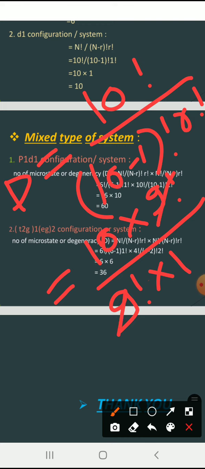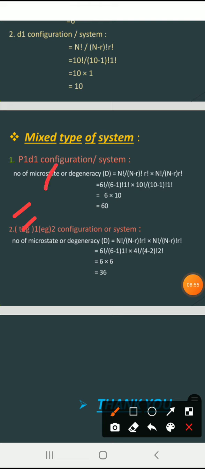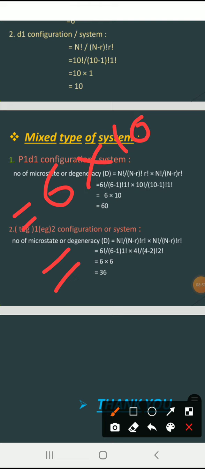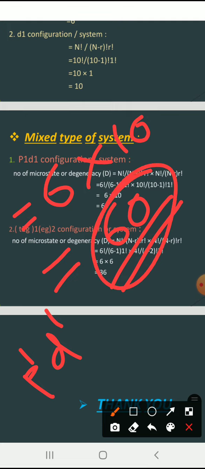The 9 factorial gets cancelled, and for the d1 configuration the number of microstates is 10. For the p1 system the number of microstates is 6, and for the d1 system the number of microstates is 10. Therefore multiplying 6 into 10 we get 60. So for the mixed type p1d1 system or configuration, the number of microstates will be 60.